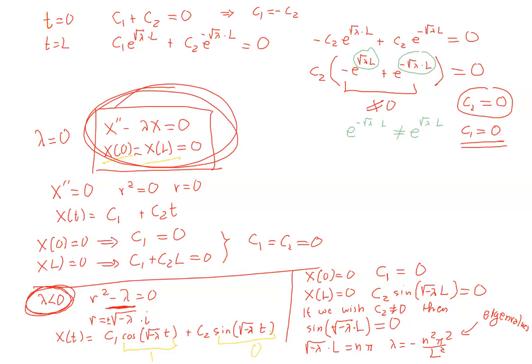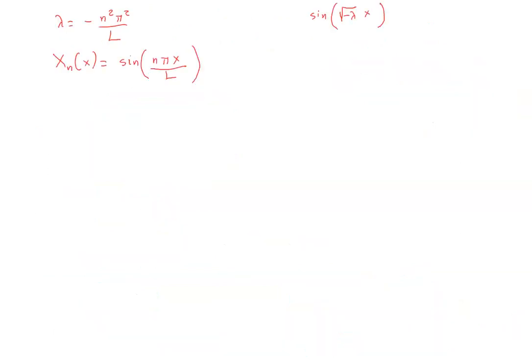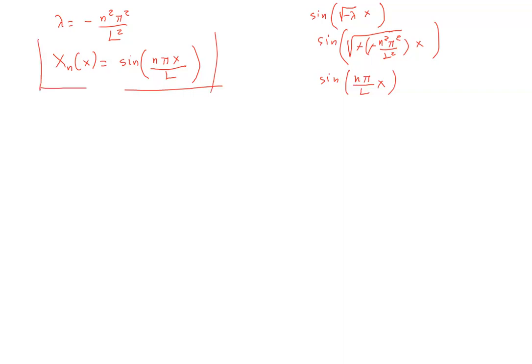Sorry about this. So when I plug in, this will be minus n squared pi squared over L squared times x. The negative signs cancel each other, and then you take the square root, and that gives you n pi over L times x. And that's it. So that's our eigenfunction.